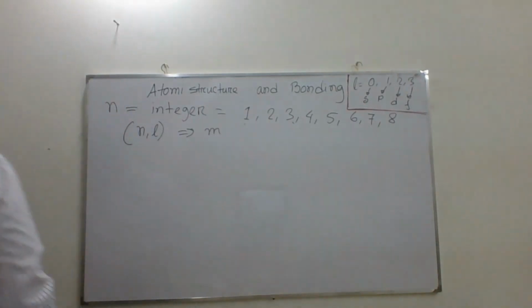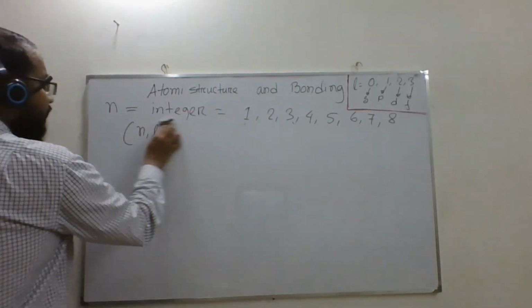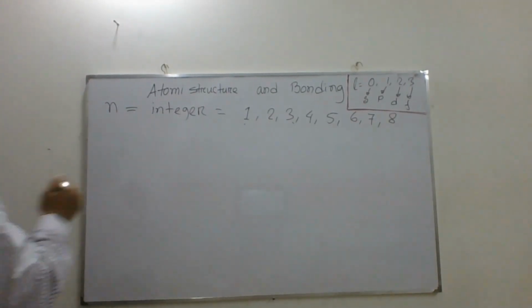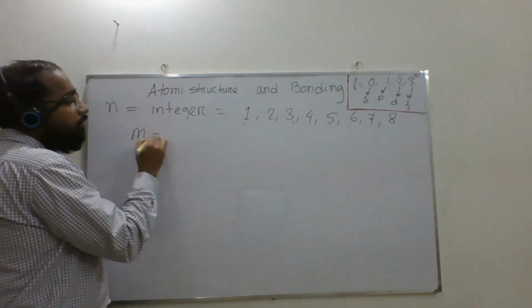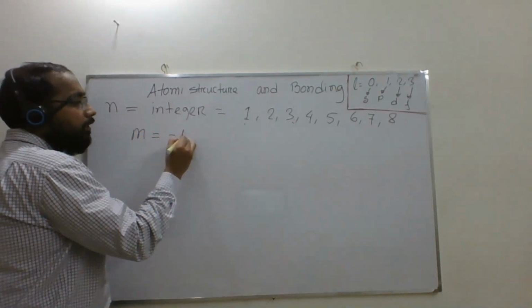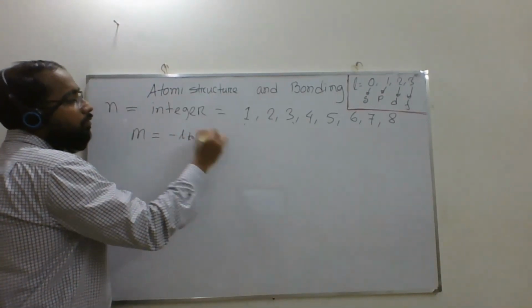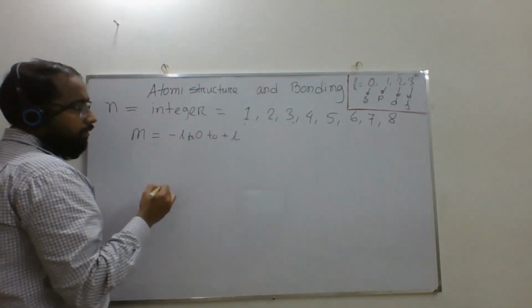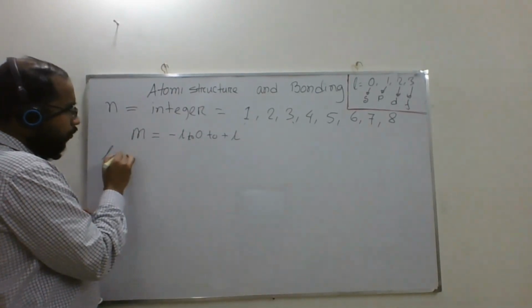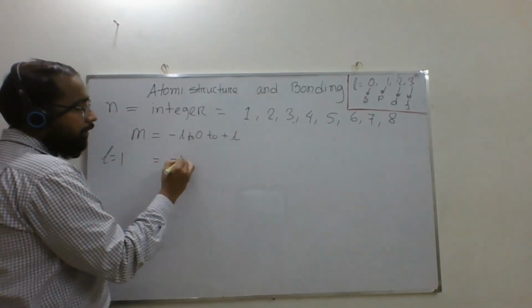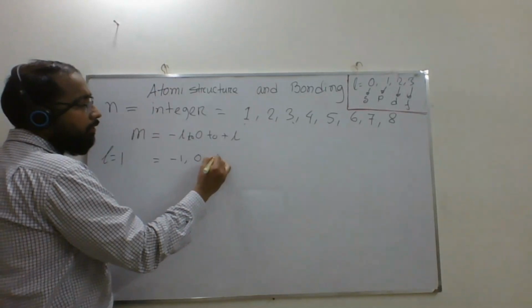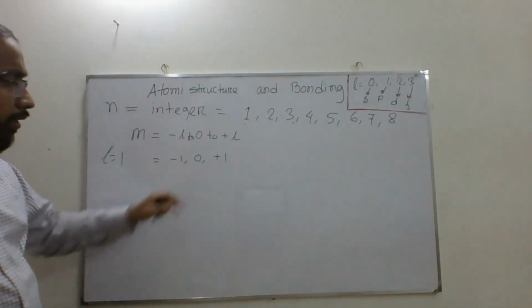Now before going there, what is basically the value of m? m is always -l to 0 to +l. That means if l equal to 1, then m equal to -1, 0, +1. Why do we include 0?